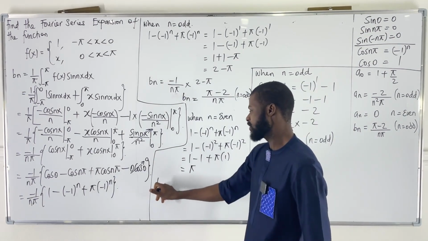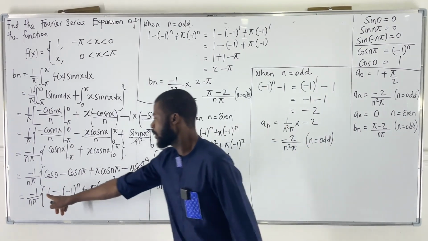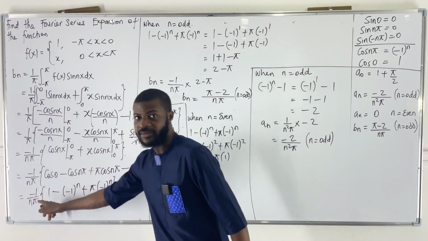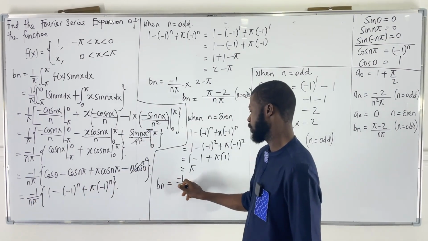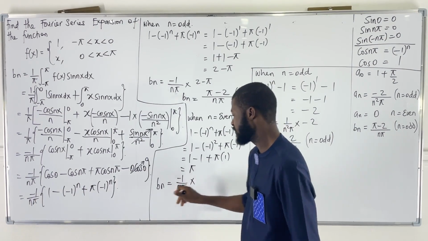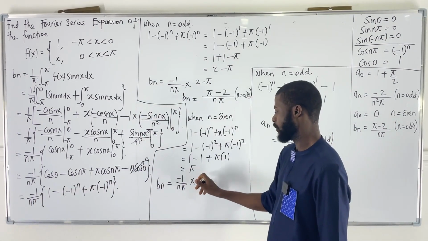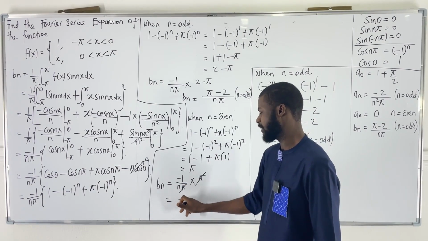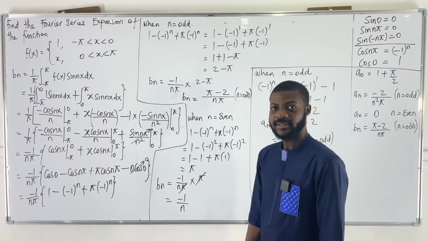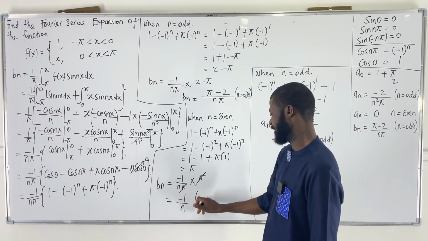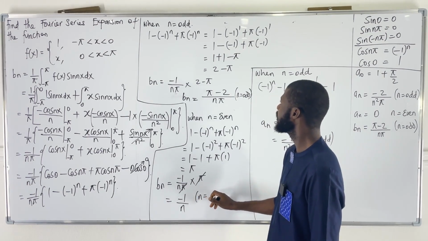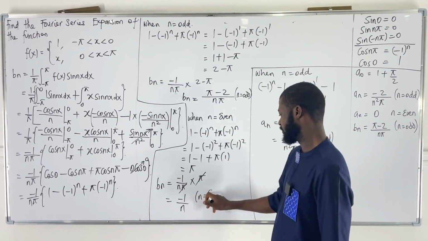So this means that b sub n is equal to the coefficient outside, minus 1 over n pi, times this whole bracket, which is giving us pi. When pi cancels pi, we're just left with minus 1 over n. So this is when n is even.